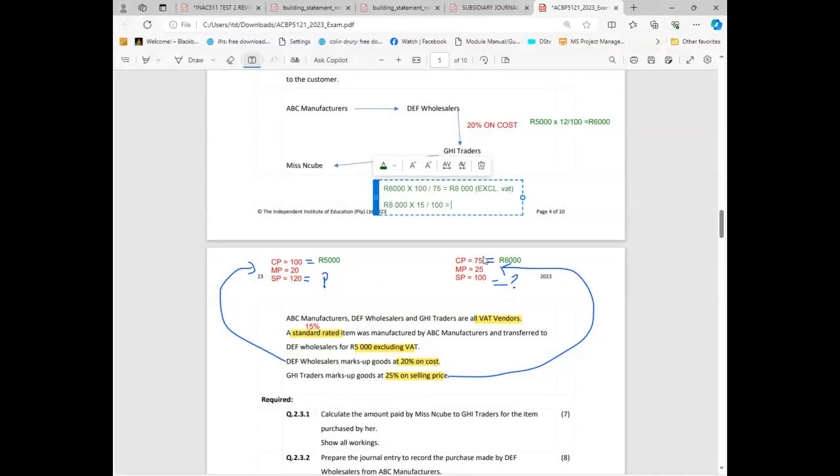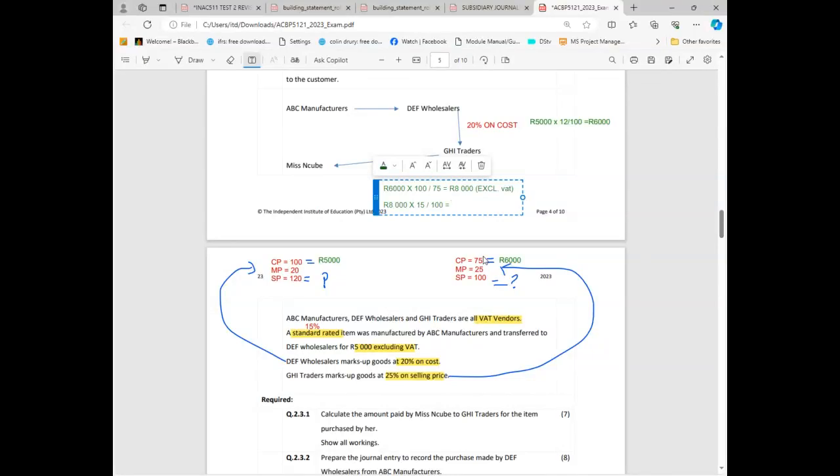Let me ask you a question. When you say times 15 over 100 or 15 over 115, what are you trying to calculate? Listen to me. Sometimes we use 15 over 100, sometimes we use 15 over 115.